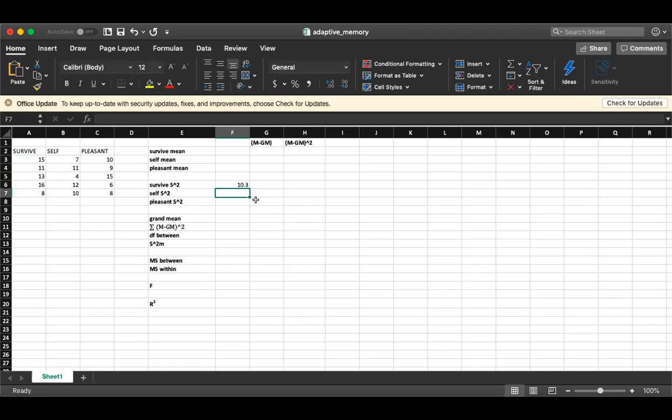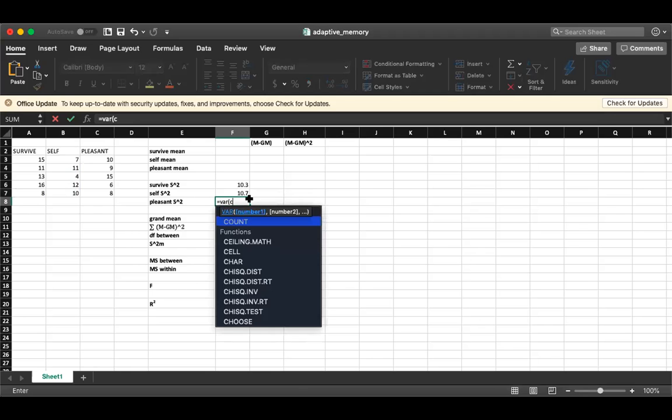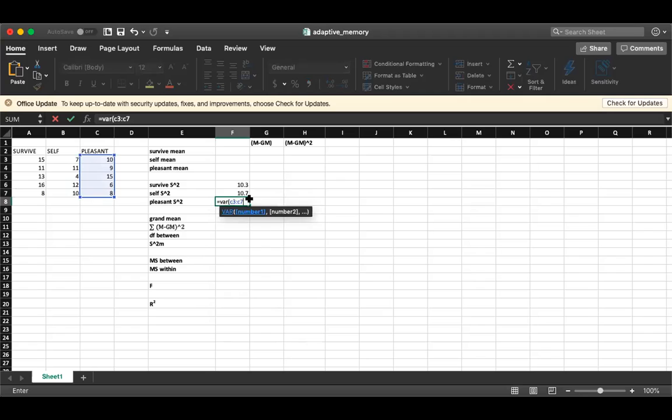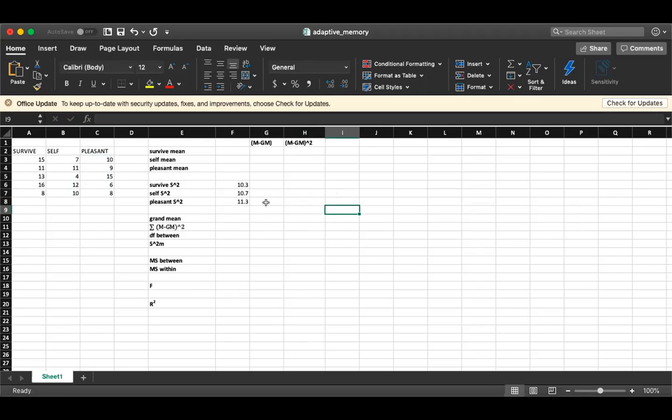Now for the next column, equals VAR, open parentheses, B3 through B7. And finally, equals VAR, open parentheses, C3 through C7. So there are our three variances. Now, if you remember, we just need to pool these to calculate mean square within.